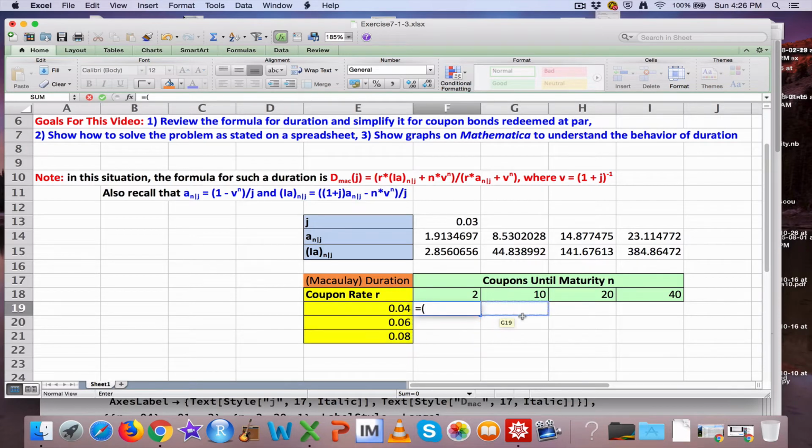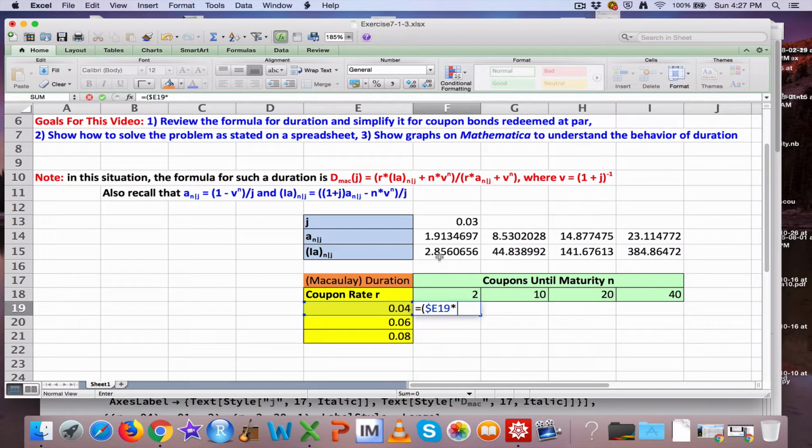However, as I copy and paste to the right, I do not want the column to change because I still want to use those values of R. So I need the column to stay fixed. I need a $ sign for sure in front of the E. Okay, so I have E19, that's the value of R that I want there. I'm looking again at this formula for D in red up here. And I want a $ sign in front of the E, but not the 19. I want the 19 to get updated to a 20, then a 21. But the E needs to stay the same as I copy and paste to the right. Okay, I think that's right.